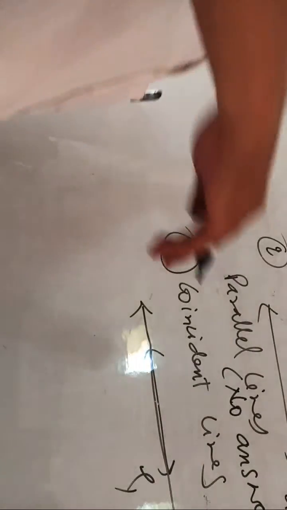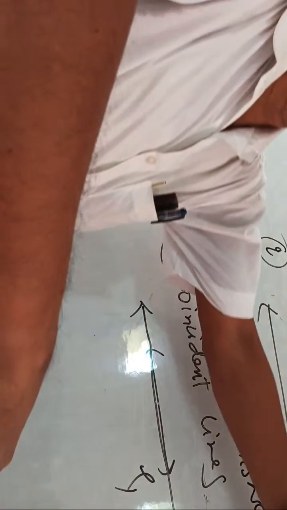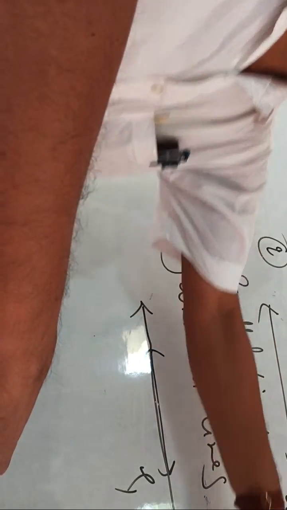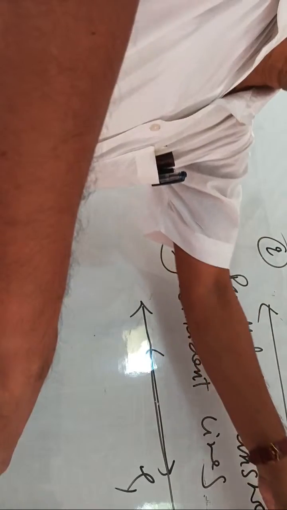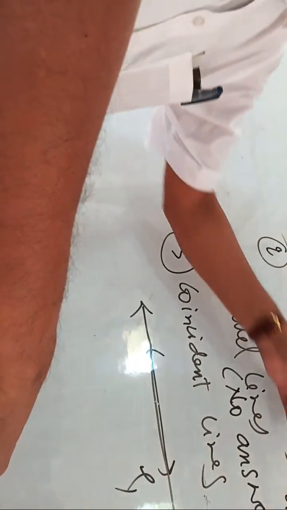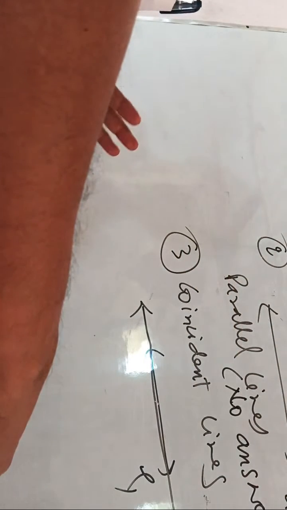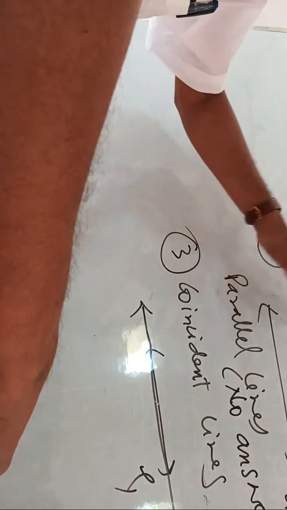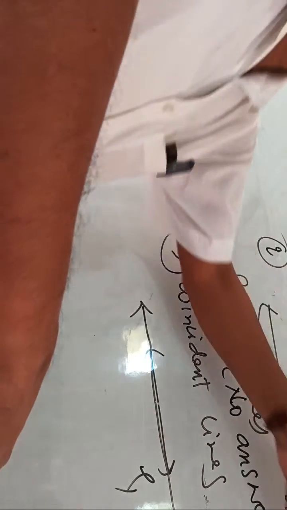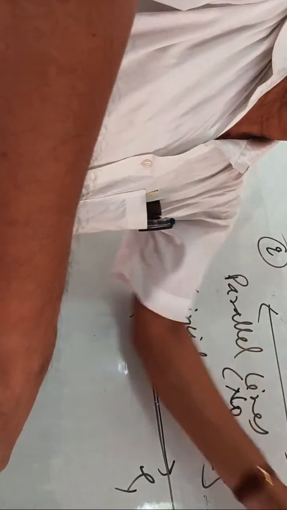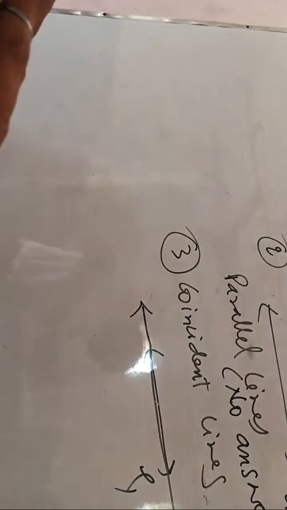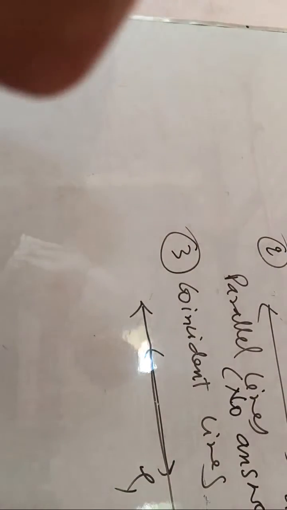And they are not equal to c1 by c2. Since a1 by a2 is not equal to c1 by c2, and b1 by b2 is also not equal to c1 by c2, there will be no answer. The two lines will be different. One will have 3, the other one will have 5. So there will be no answer.